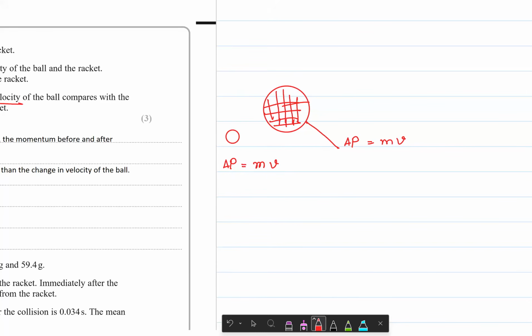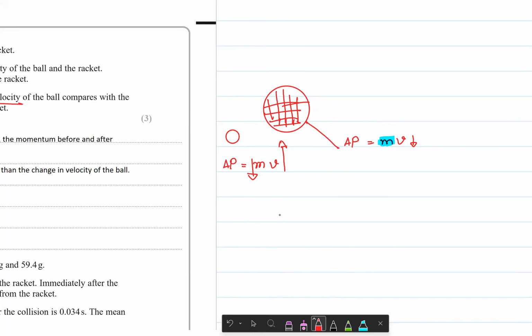The reason being, since the mass of the racket is larger, it requires a smaller amount of velocity to attain a certain level of momentum. However, for the ball, since the mass is very small, it needs a very high velocity to attain the same momentum as the racket.